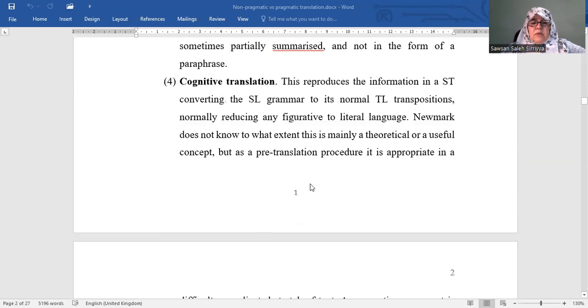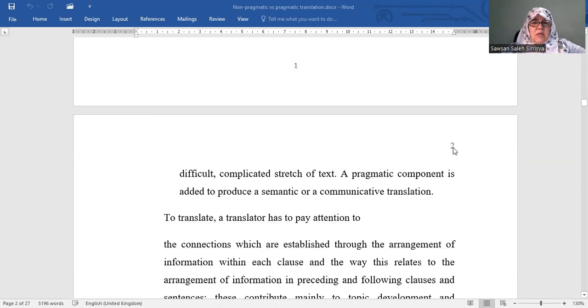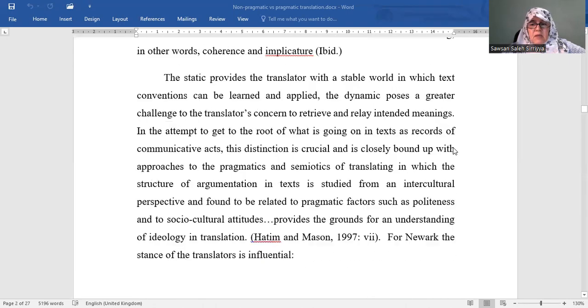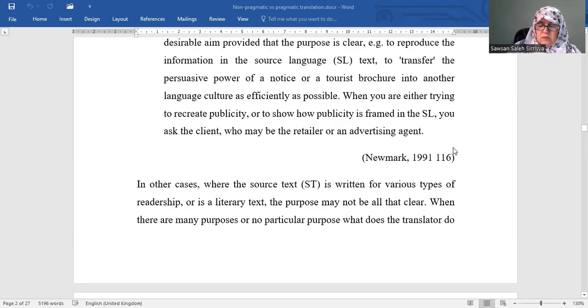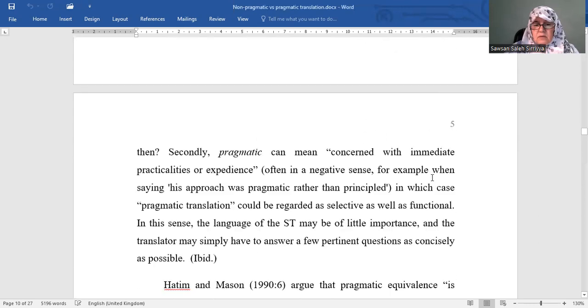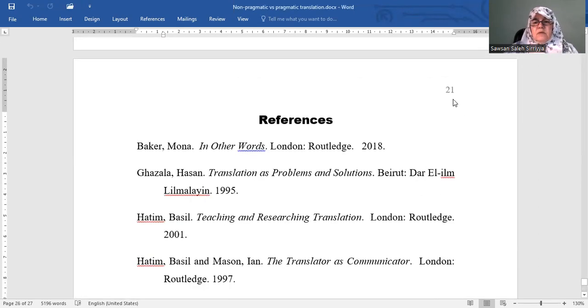It is numbered in Arabic numerals. On the first page, you write the number below, but on the rest of the pages, the page number will be on the right side. As you see here, all these pages until we reach the references. The references are also numbered in Arabic numerals.